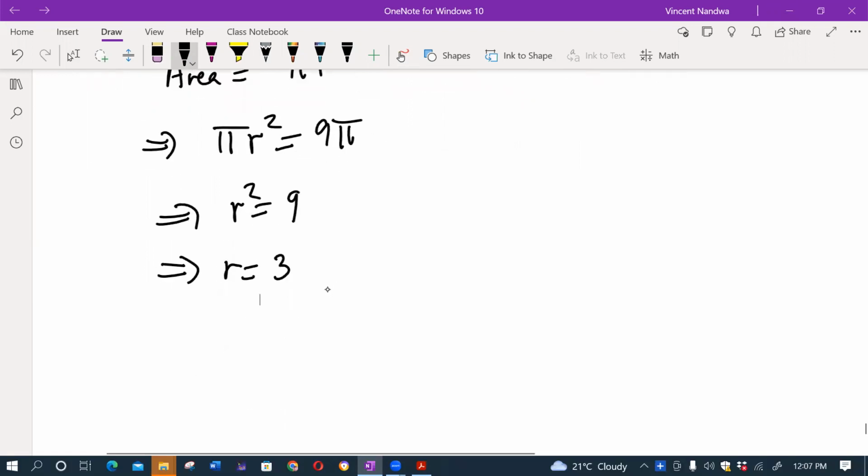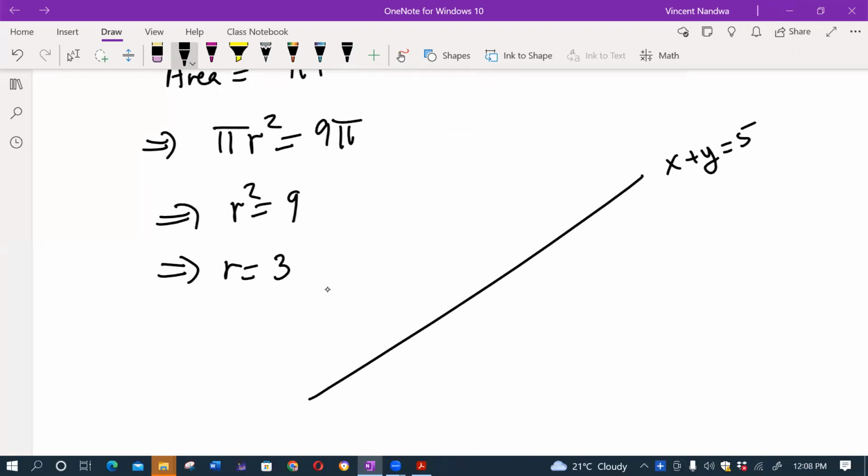And we've been told that the diameters are along the lines x plus y equals to 5 and x minus y equals to 1. So this is the circle of interest.